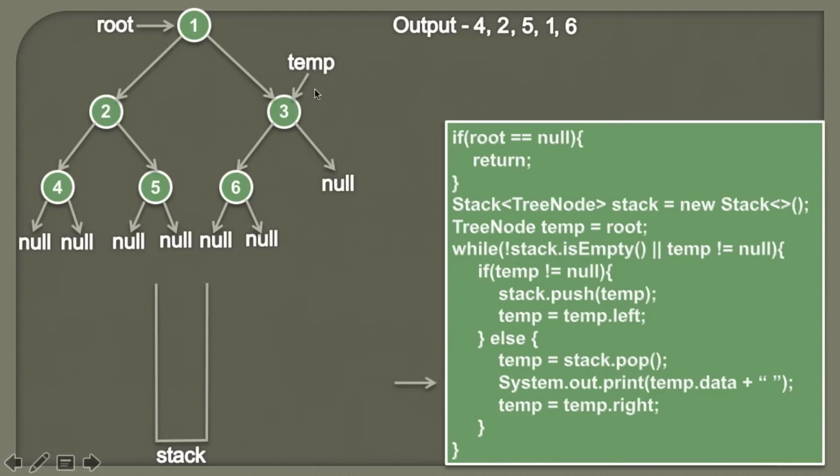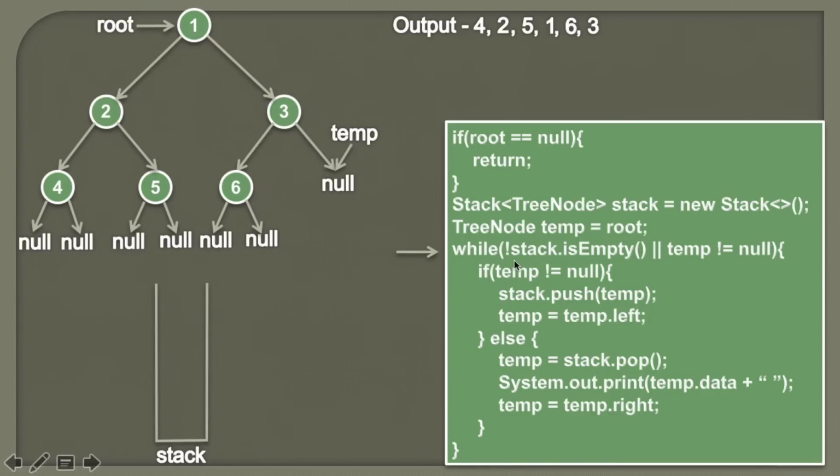And then we'll simply print the value associated with this temporary node, which is actually 3. So 3 gets printed on the console. And as we have visited the node 3 completely, now we need to visit its right subtree. Therefore we are simply assigning temp right to temp. So now temp will actually point to null.